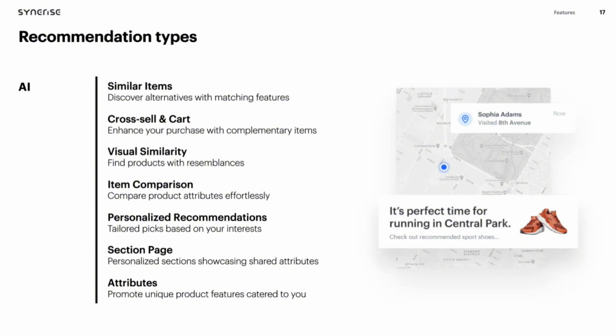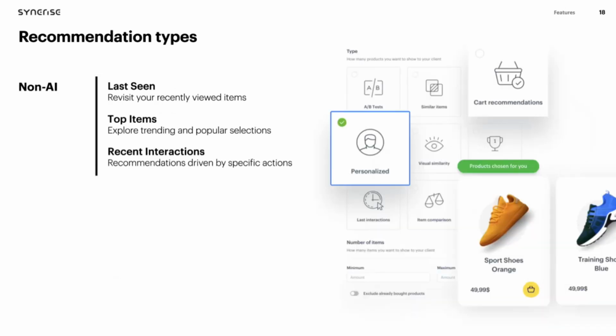So brand A, brand B, brand C, and within the sections you also get the personalized, very best products for the customer, with the list of products assigned to this brand. For brand A, 10 products from this brand, and for brand B, 10 products from brand B. This allows you to essentially personalize the entire page. So these are the AI-powered recommendation types.